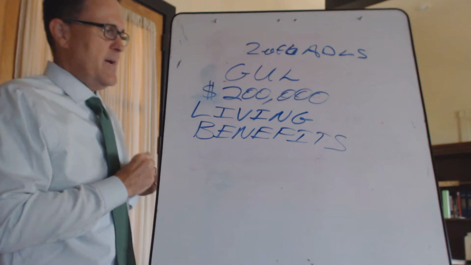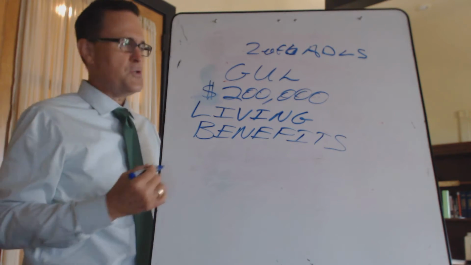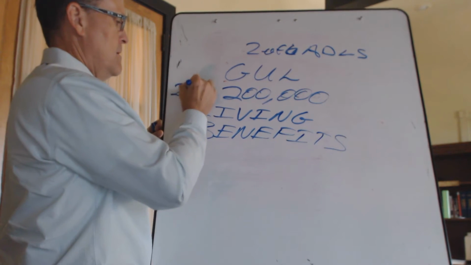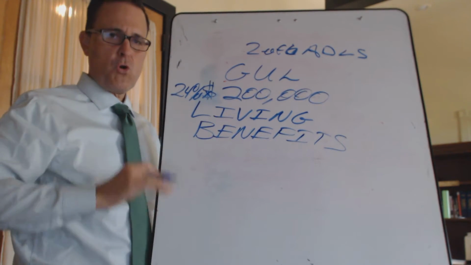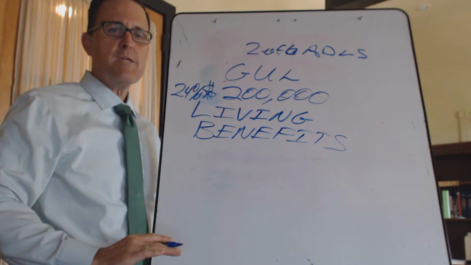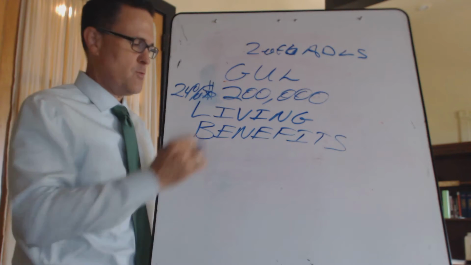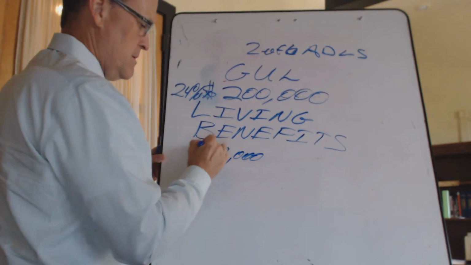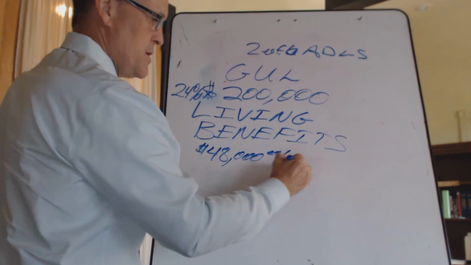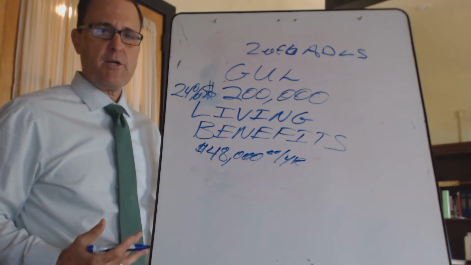So, as an example, you can take up to 24% of the death benefit per year, which in this case would be $48,000 a year, up to $48,000 per year, tax-free, to apply to long-term care costs.